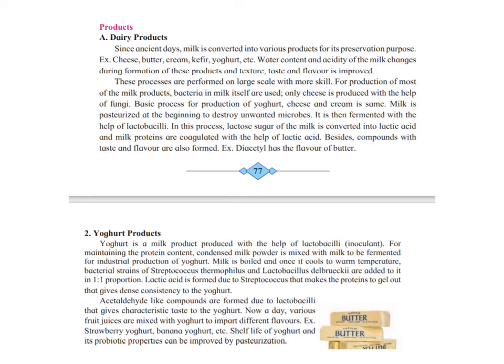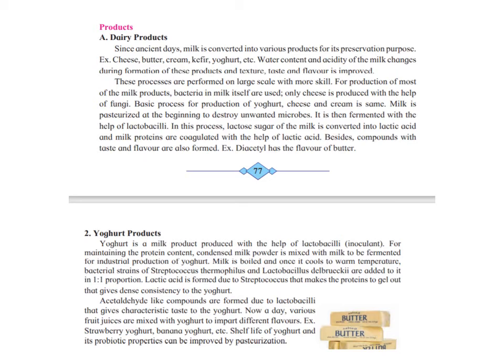Milk is boiled, and once it cools down to warm temperature, the bacterial strains Streptococcus thermophilus and Lactobacillus delbrueckii are added in a 1:1 proportion. That means each is of equal proportion. Then lactic acid is formed due to the streptococcus, which makes the protein gel out and gives the dense consistency to the yogurt.